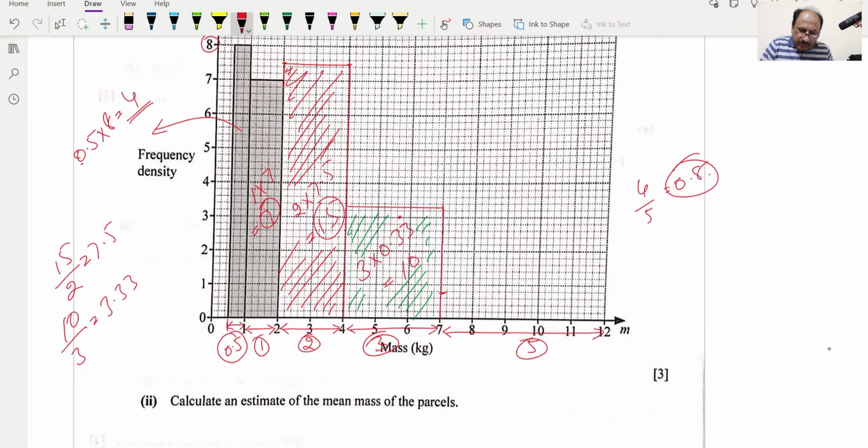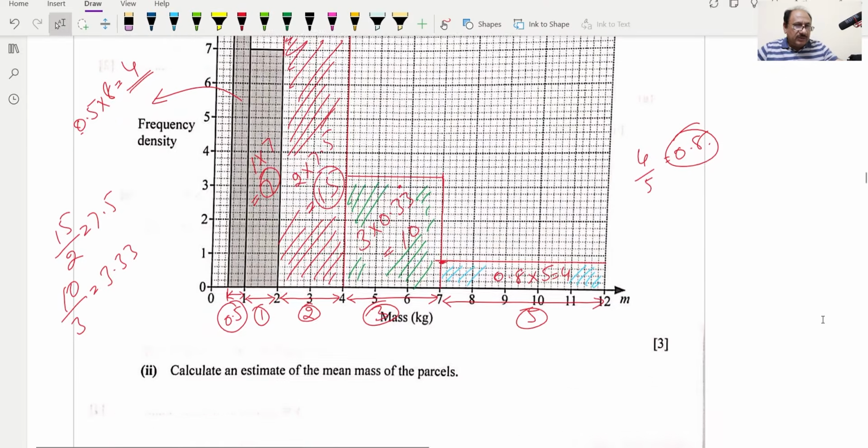So 0.8 will be up to this mark, and we can draw over here. I'll redraw this. Okay, done. So we will write here 0.8 multiplied by 5 is equal to 4, and this will be our histogram for this. Now this is done.